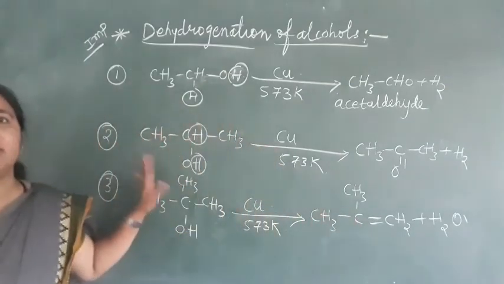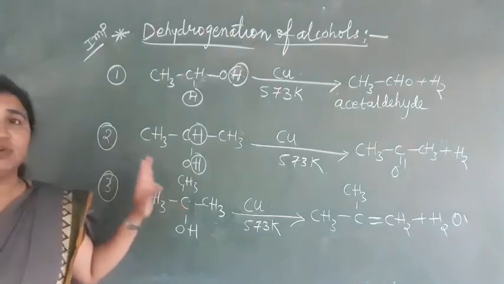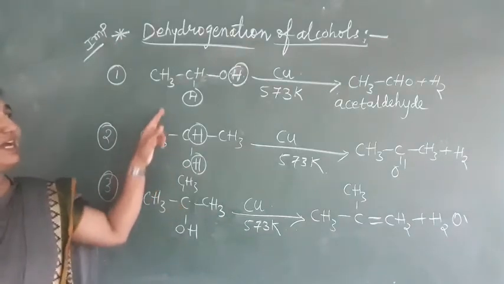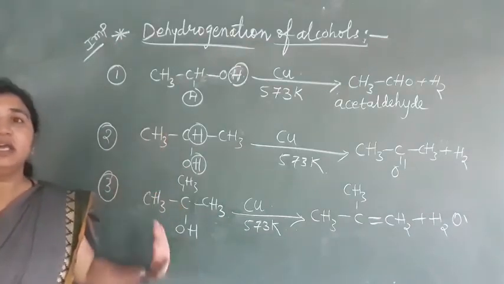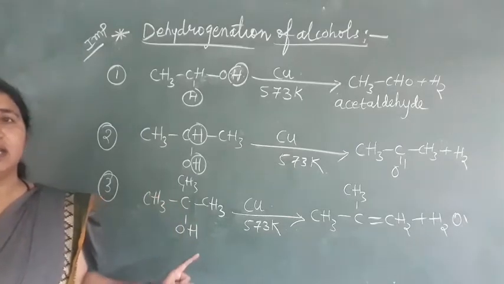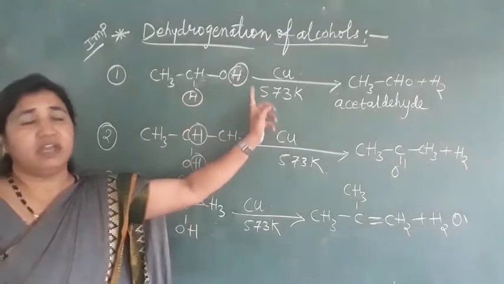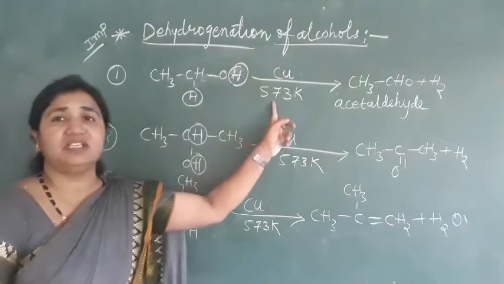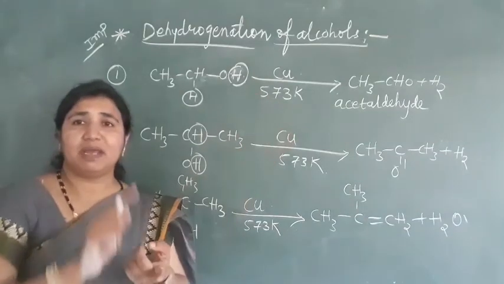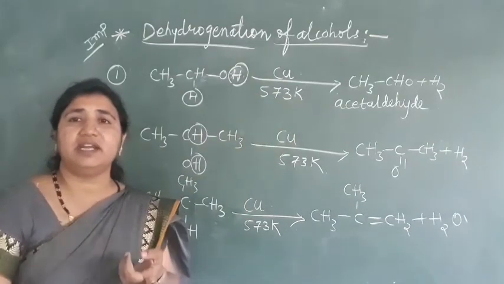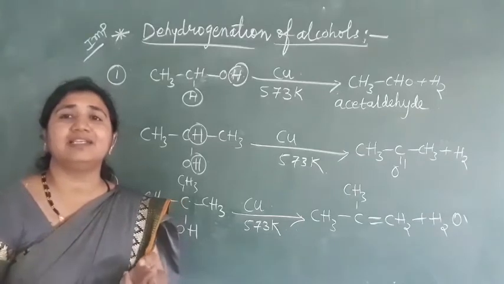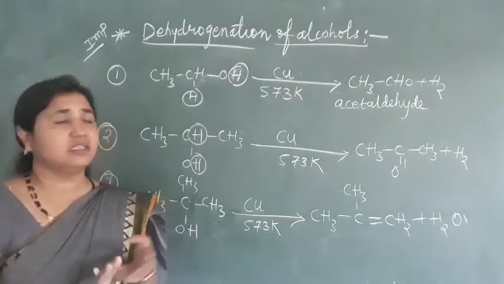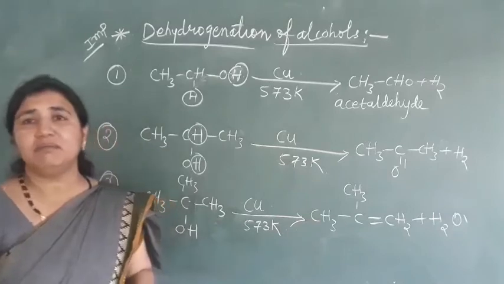This is very important for theory, and competitive exams also ask questions based on this, dehydrogenation of alcohol by copper. When we have copper and the temperature is 573 Kelvin: primary alcohol gives aldehyde, secondary alcohol gives ketone, and tertiary alcohol gives alkene. Keep these three points in mind.